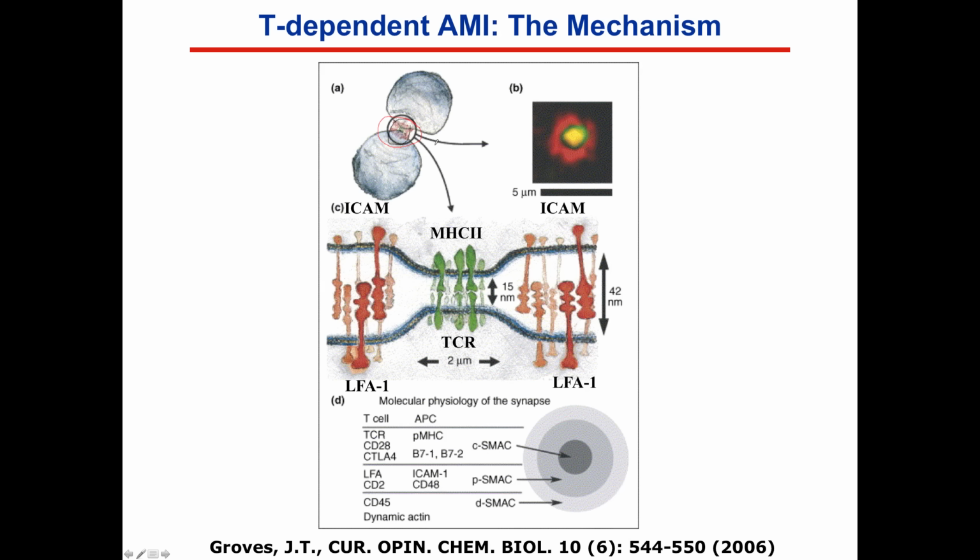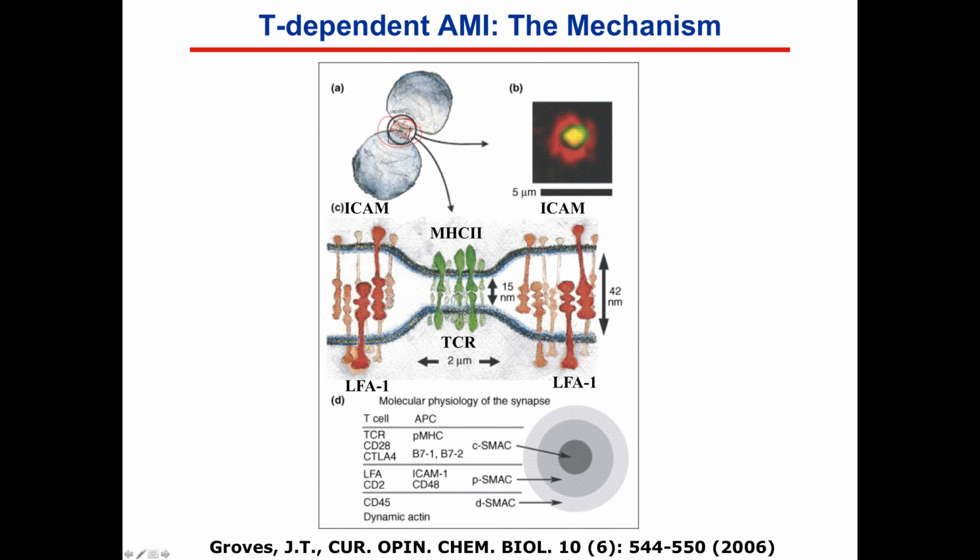And what has been found when you fluorescently label those molecules, like ICAM and the MHC2, is that there's what's called an immune synapse, much as you think of the interaction between two neurons as the neuron synapse.